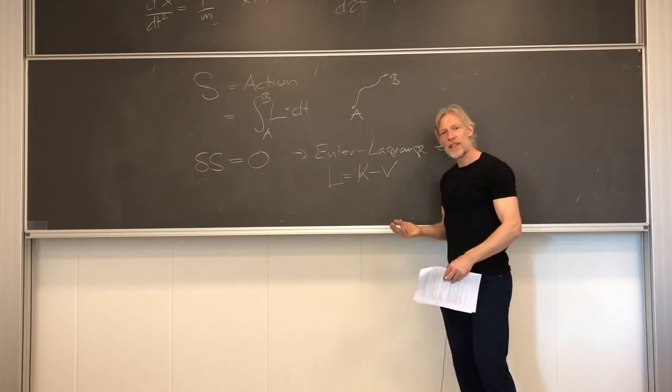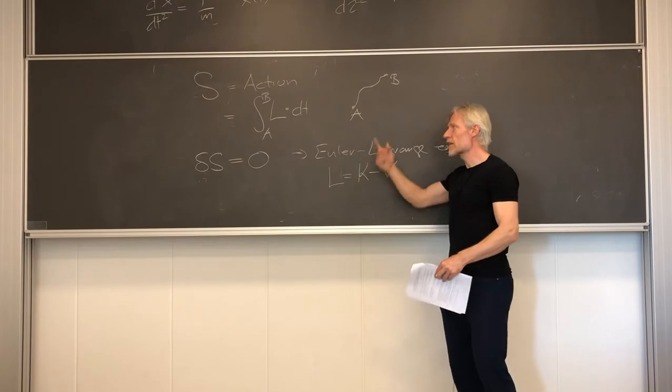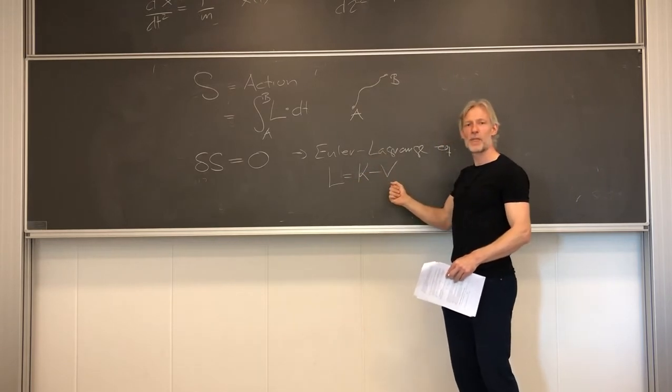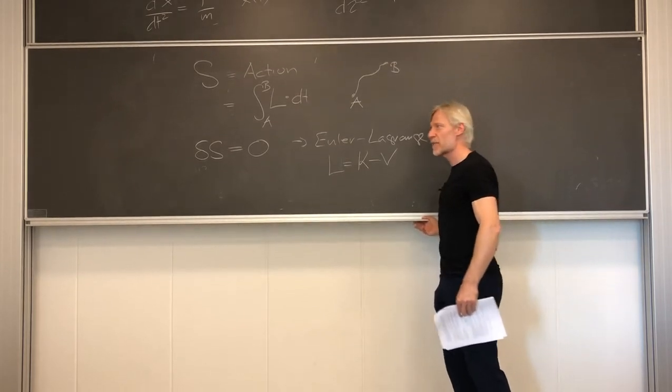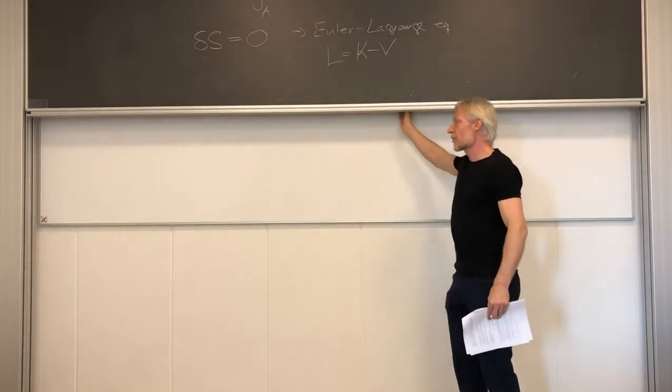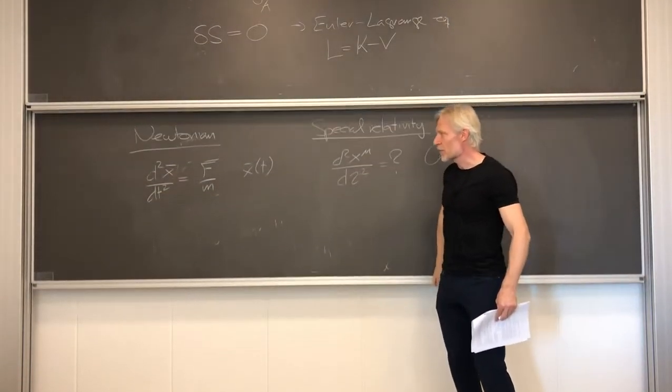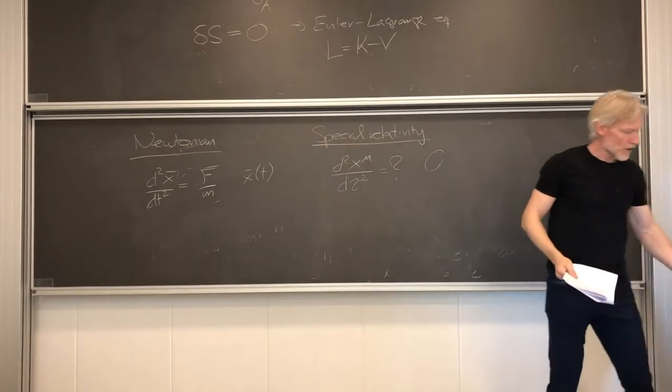And in special relativity, you can again apply the variational principle. It's just not the normal Lagrangian of classical mechanics we're using. It's some kind of other Lagrangian or action that we want to calculate.